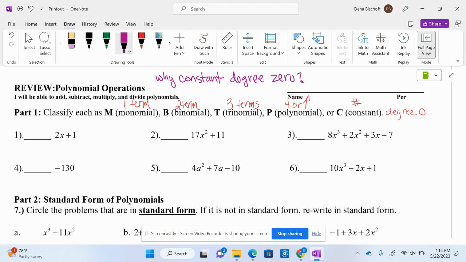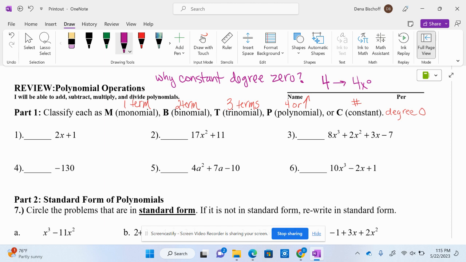Well, let's say that I said my constant was 4. Well, if it's degree 0, that's the same thing as saying 4x to the power of 0, because the degree is based off of the exponent on the variable. And what is x to the power of 0?